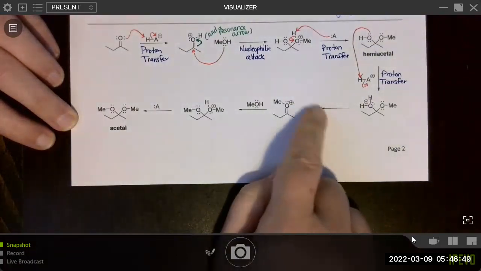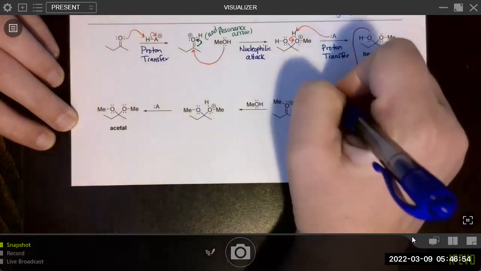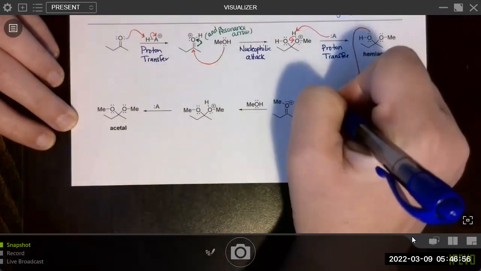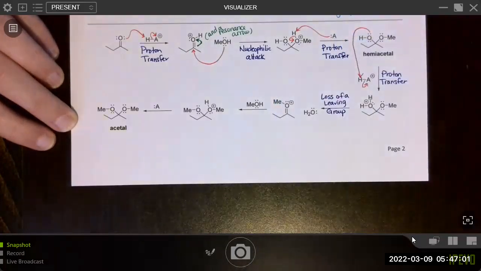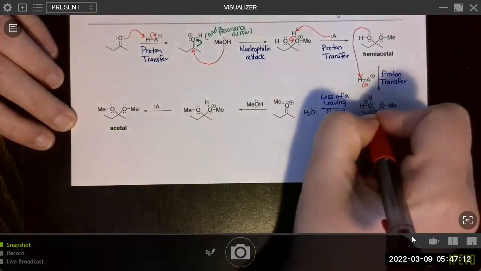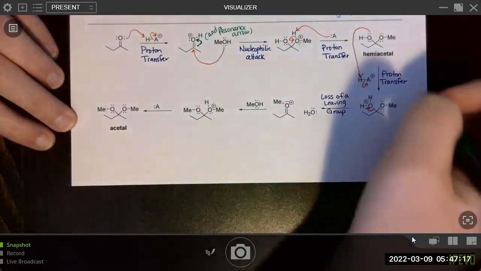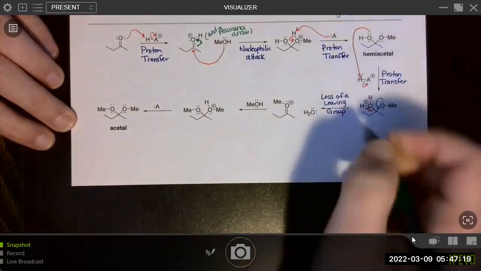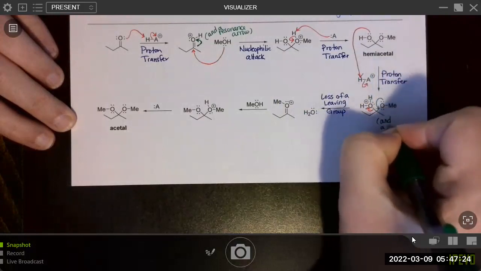Looks like we are losing water in this step, so this will be loss of a leaving group. Both nucleophilic attacks and loss of a leaving group steps also commonly involve a resonance arrow. And so what we'll see here is that this is the arrow for loss of a leaving group, but we also need our resonance arrow. Right, and so over here I'll write and a resonance arrow.